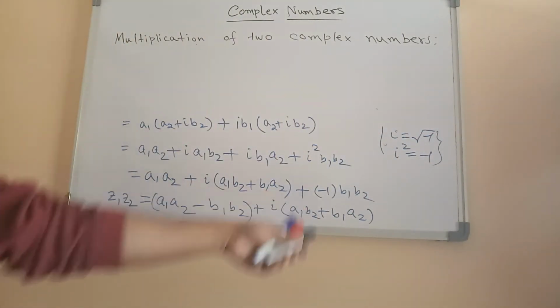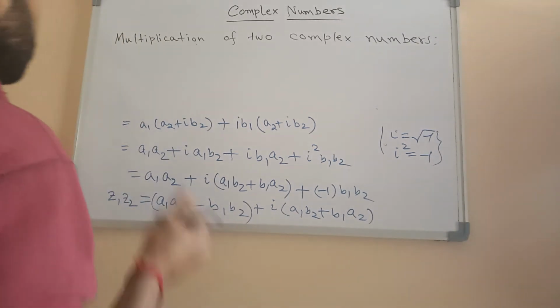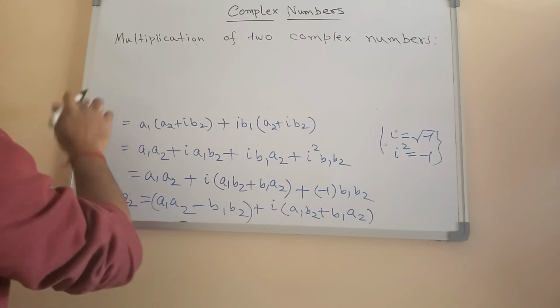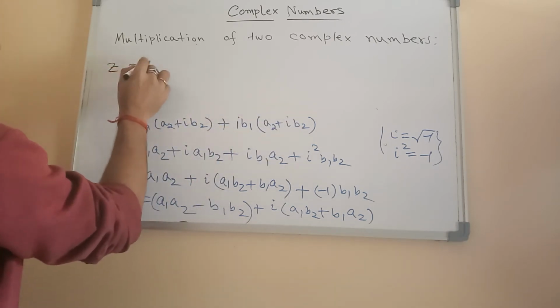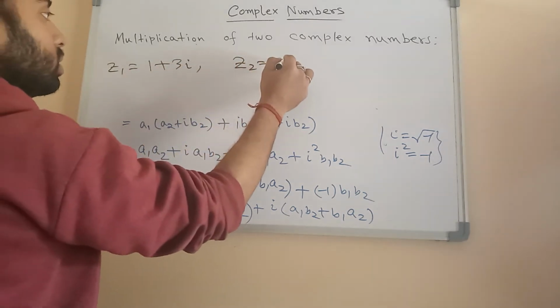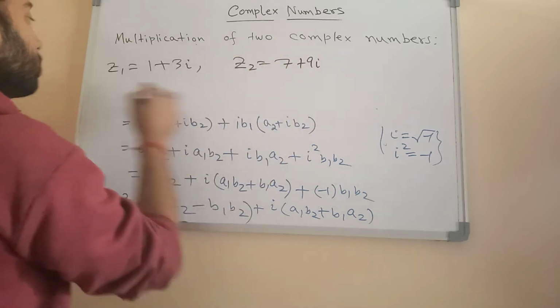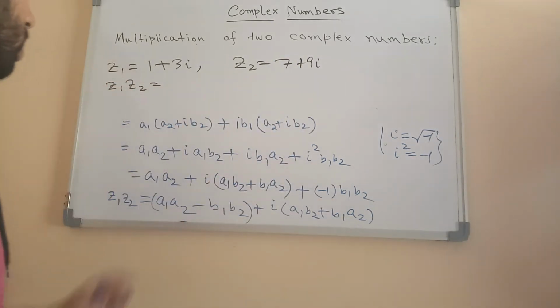You can either remember this formula or directly multiply by the given form. For example, z1 equals 1 plus 3i, z2 equals minus 7 plus 9i, and you have to find z1 z2. If you can remember the formula, then just put in the values.